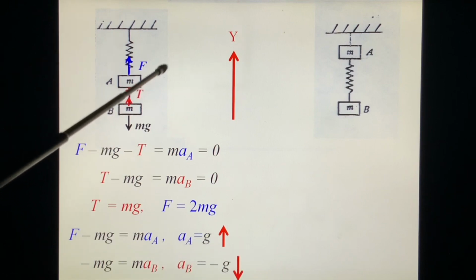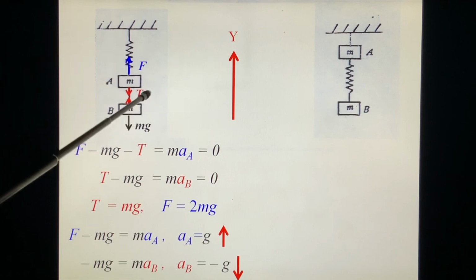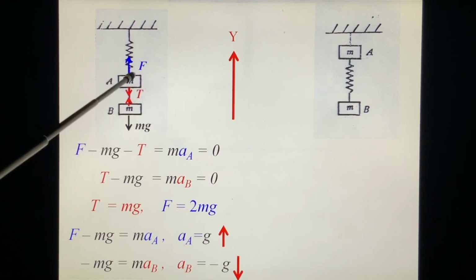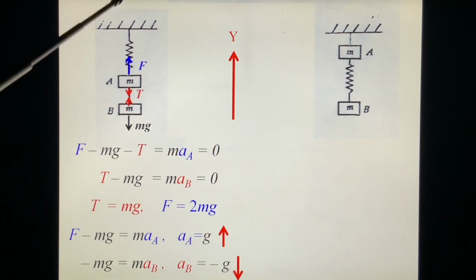Remember, at the moment when the cord was burned off, A has acceleration g up, B has acceleration g down. At this time, they don't have speed at all. The speed starts to change. Look at this situation.